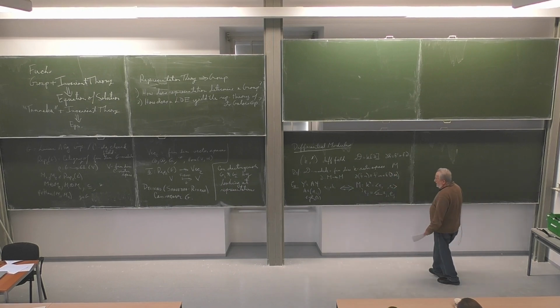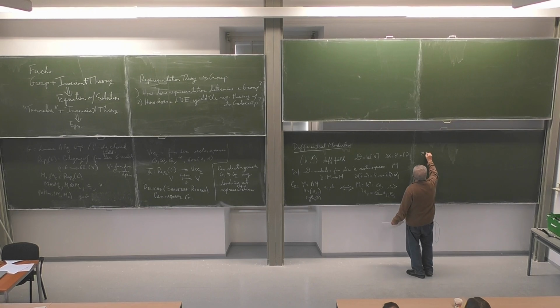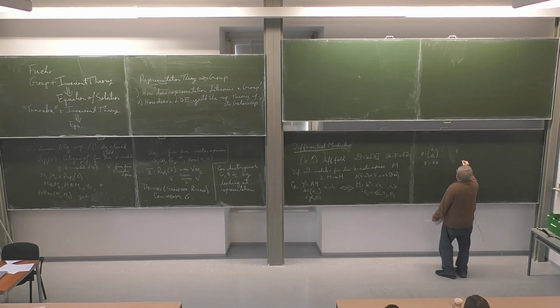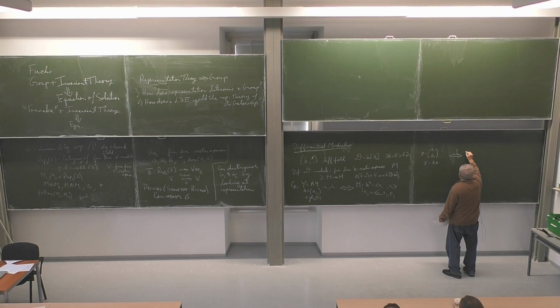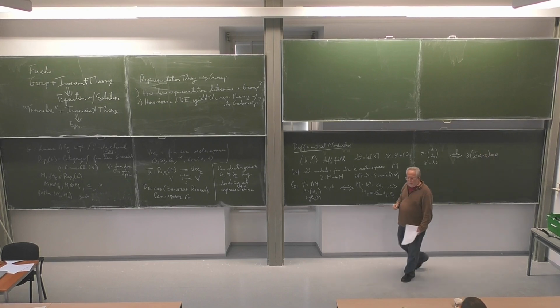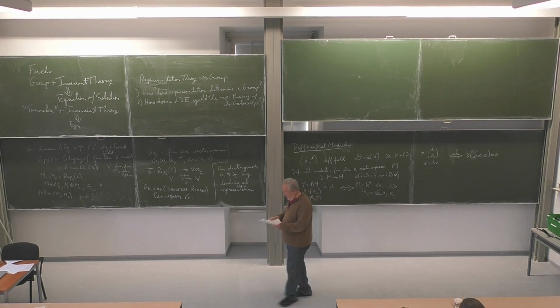And if you work this out, if you have some vector Z such that Z prime is AZ, it corresponds to saying that, correctly, D of the sum of z_i e_i is 0. Interpret solutions.